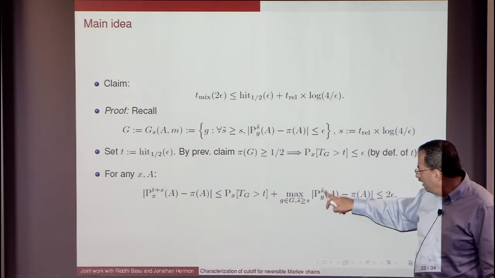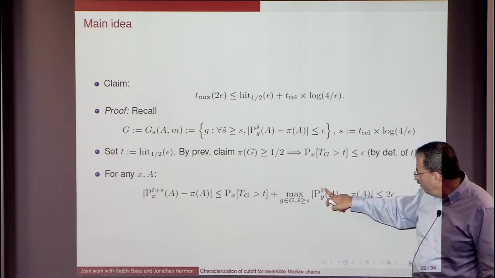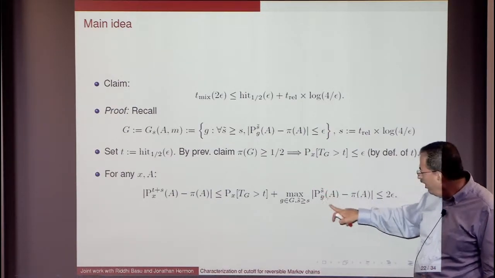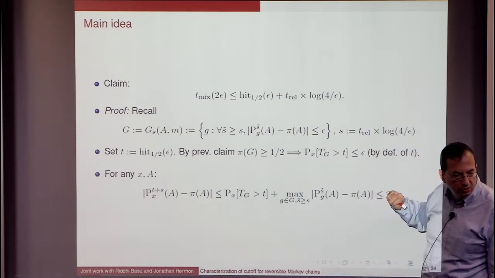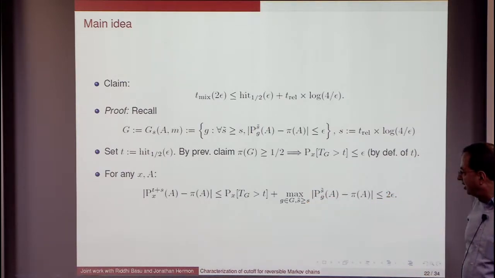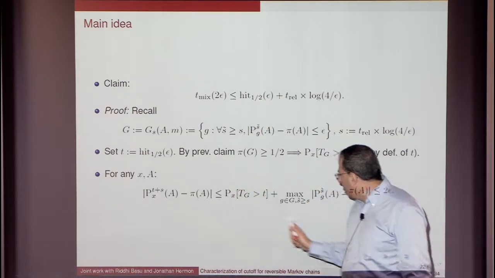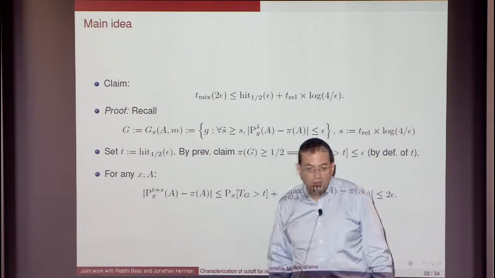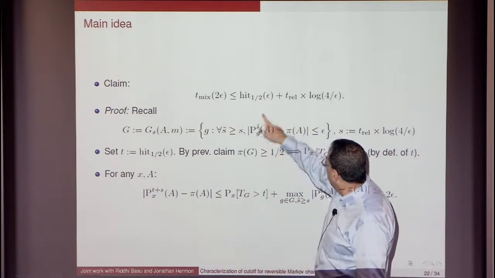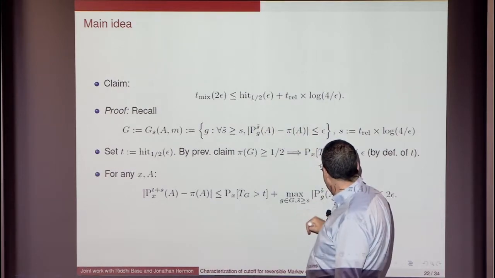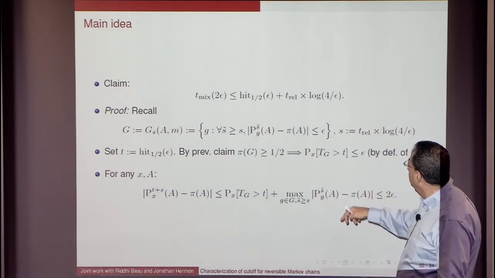But now I know that from g, in this remaining number of steps S tilde, I'm very close to stationarity just by the definition of capital G. So that's it. This is bounded by epsilon, this is bounded by epsilon, so the total is bounded by 2 epsilon, and this was true for any initial point x and any target set A. So maximizing over these, I control the mixing time in units of 2 epsilon, and this term is here, and this term was here.